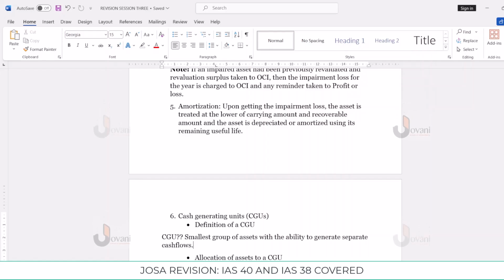Those who have done enough questions will find a question where a player's contract is termed an intangible asset. So the first 11 is a group of assets, and when we sell their shirts and win games, they generate independent cash flows. However, Onana as an individual cannot be a CGU. Does that make sense to everyone?